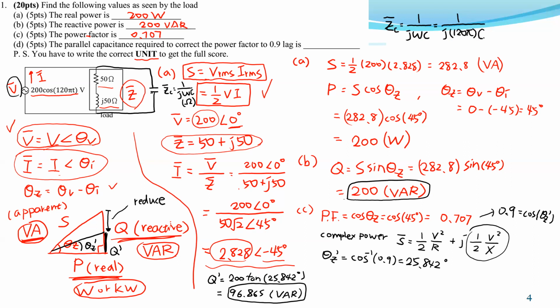This is C, we don't know C. So we revise this a little bit: multiplying J on the numerator and denominator gives minus J over 120 pi C, so this is our X, equals XJ.